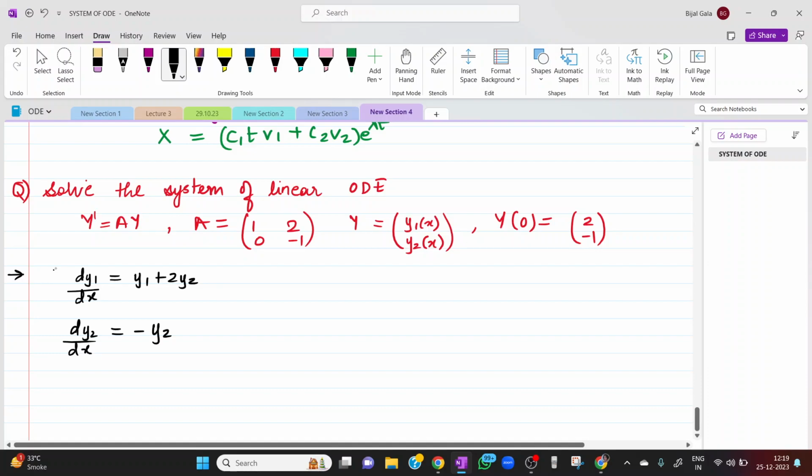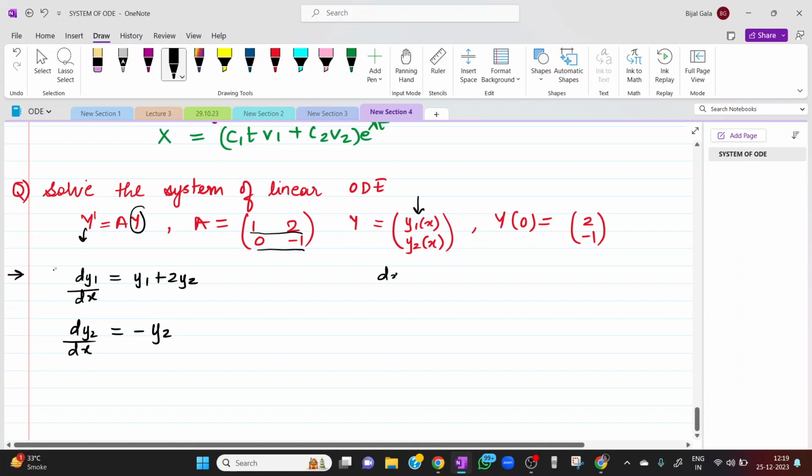How did I write this? This y dash is the derivatives of these two terms, y1 and y2, with respect to x. In the matrix A, the first row corresponds to the first equation and the second row corresponds to the second equation, and it is multiplied by y. So it is something like this.